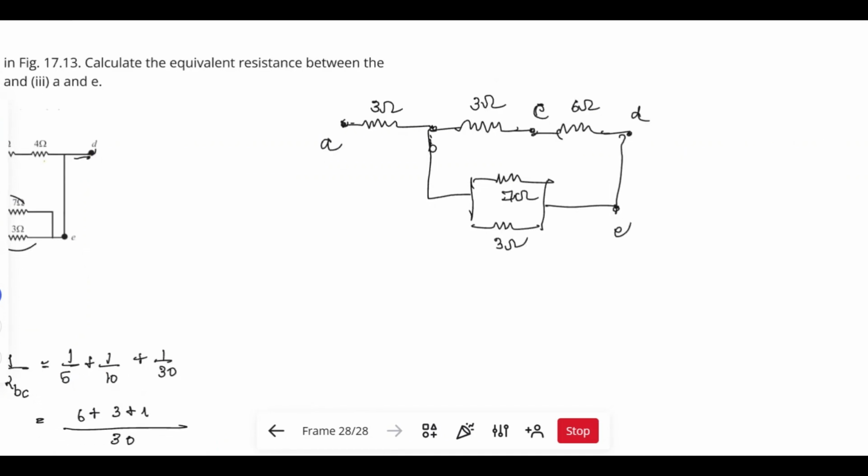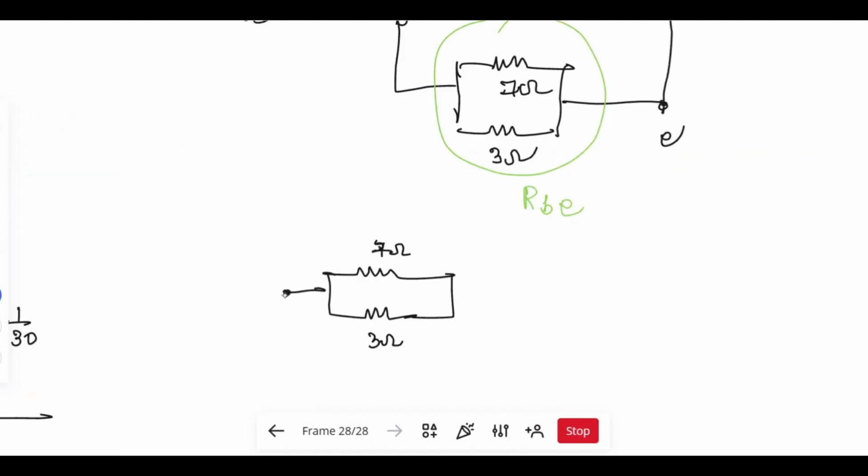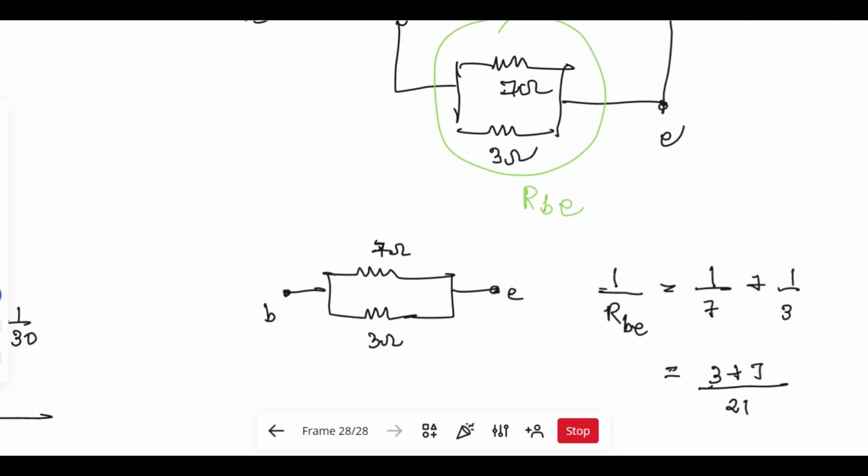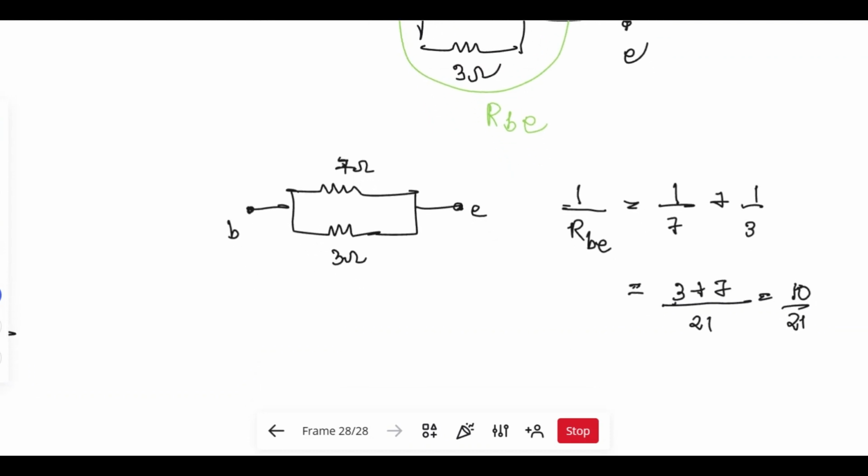First, let us calculate this parallel combination. This point is B. This point is E. 1 by RBE is 1 by 7 plus 1 by 3. So we found RBE is equal to 21 by 10 ohm.